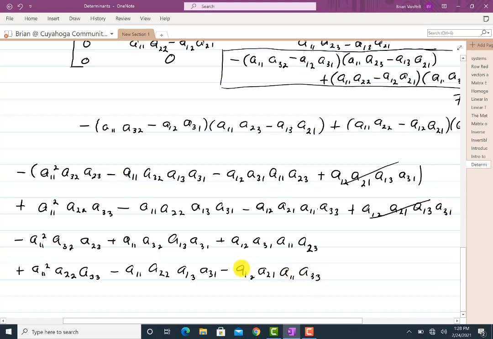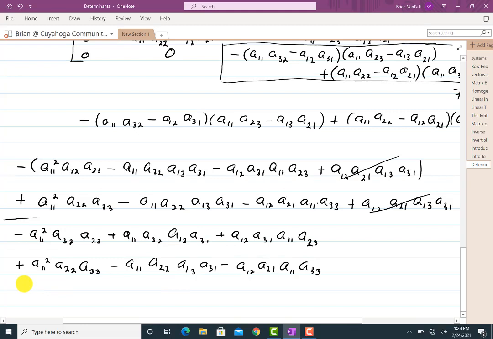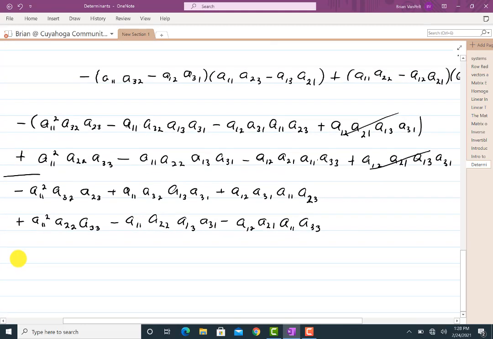So some of my A's are getting a little cumbersome looking, but let's go ahead. Let me put a line to demark that. Let's go ahead and factor out an A11 from everything.